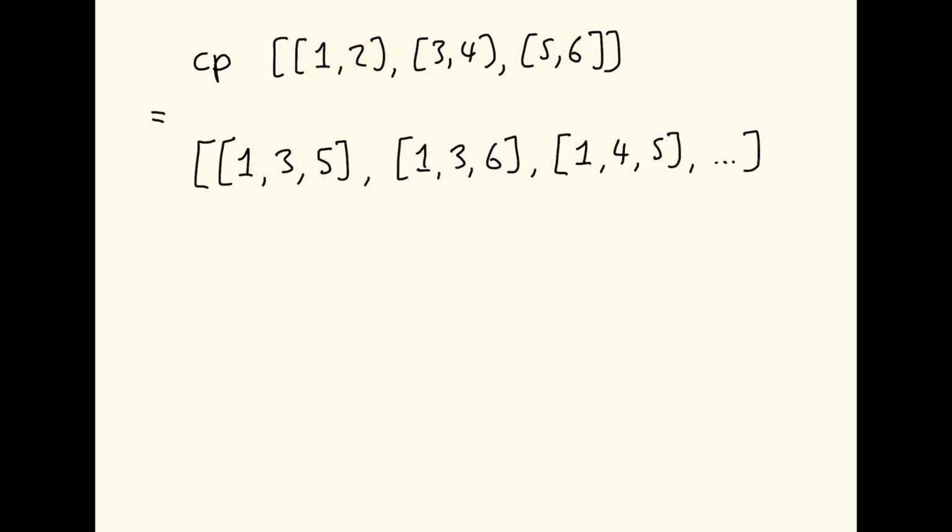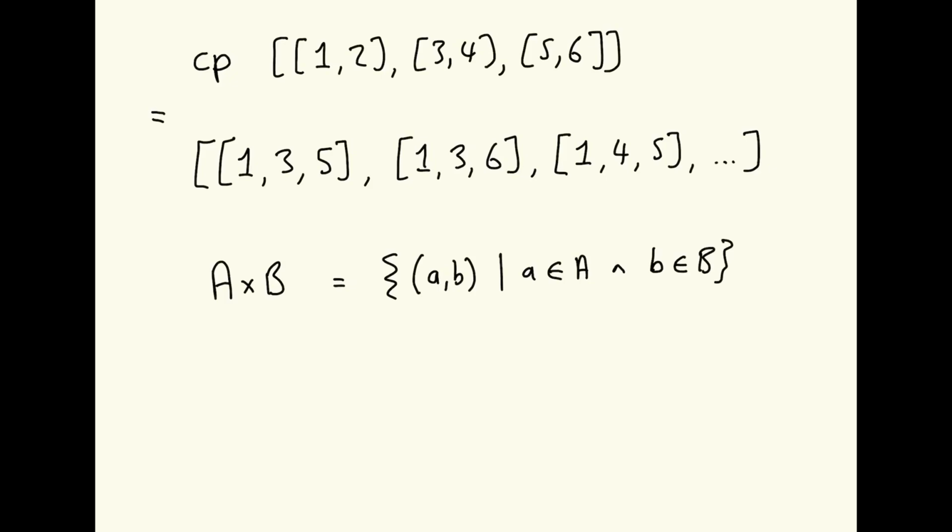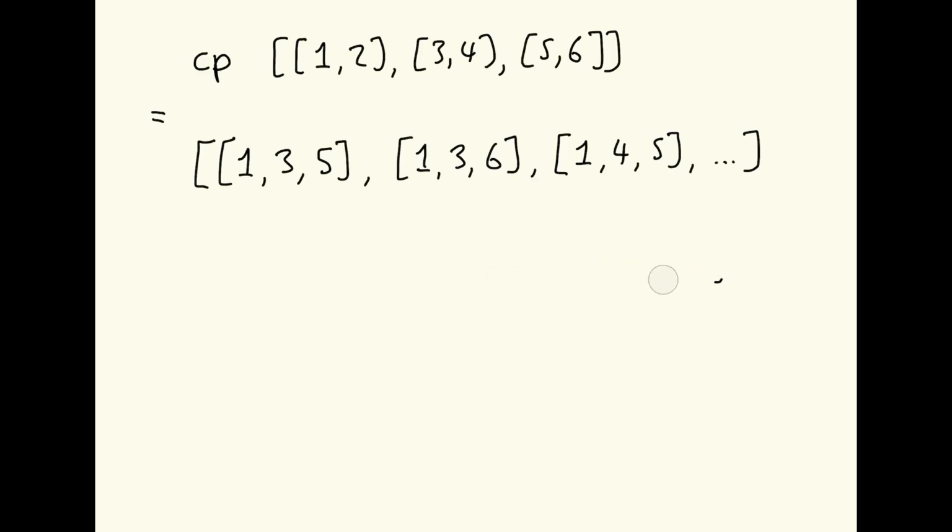You may remember from your mathematics courses in the first year, if you write A times B, where A and B are sets, that's going to be the set of all pairs (a, b) such that a is an element of A and b is an element of B. And that's called a Cartesian product of sets because it's taking two sets, A and B, and giving you all possible ways of choosing one element from the first set and one element from the second set. And the CP function does essentially the same thing, but it's working with lists rather than sets.